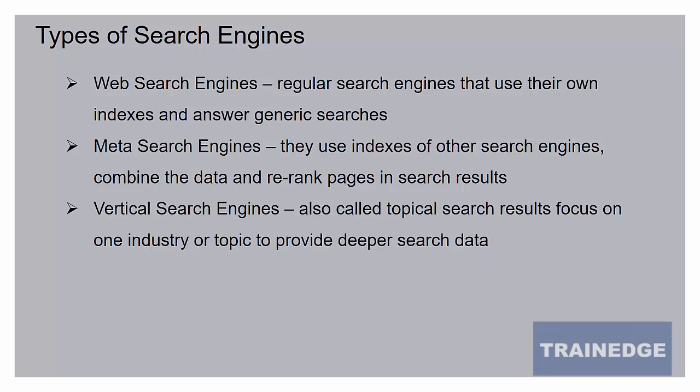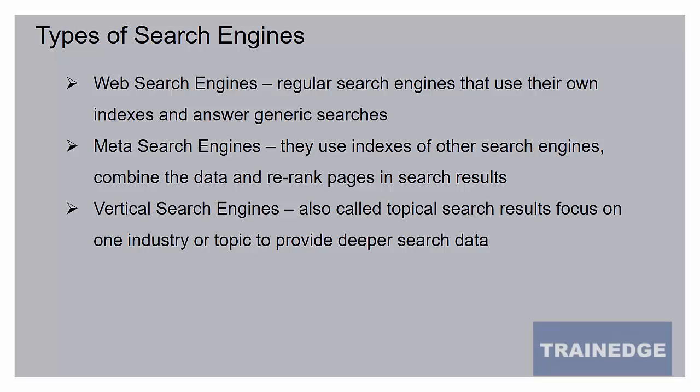Vertical search engines are topical search engines. They give you search results specific to a topic or kind of result. For example, when you search Google, you might see several other searches such as news, video, images. Those are all vertical search engine results.